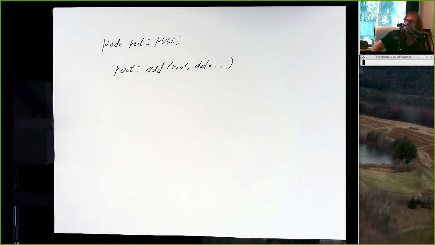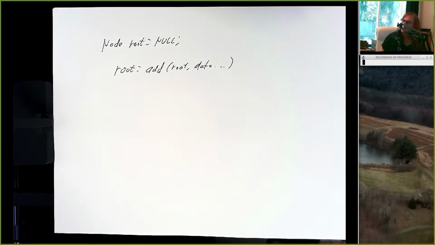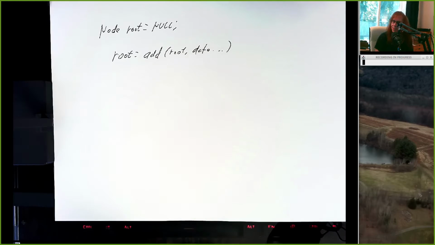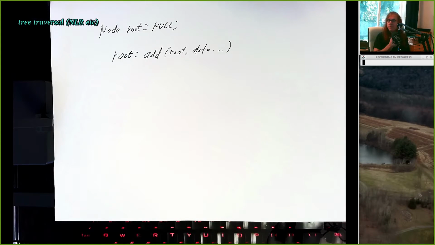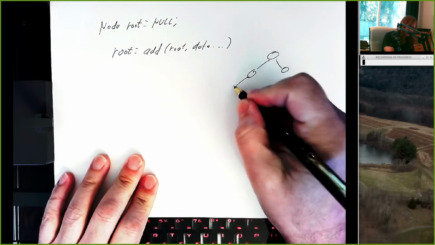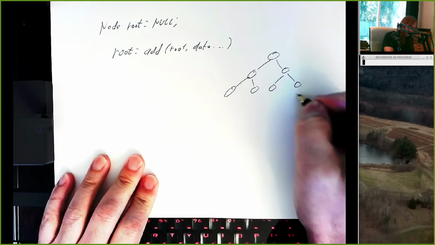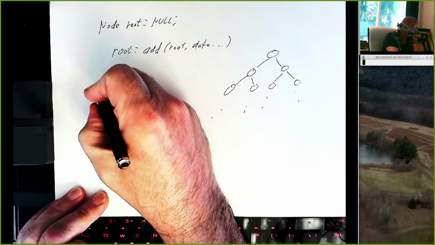Let's see, can we go over printing node left right and left node right? And there's also a left right node. So yeah, tree traversal. And the idea of tree traversal is you've got a tree, and it's got whatever it has on there, and you want to somehow print it.